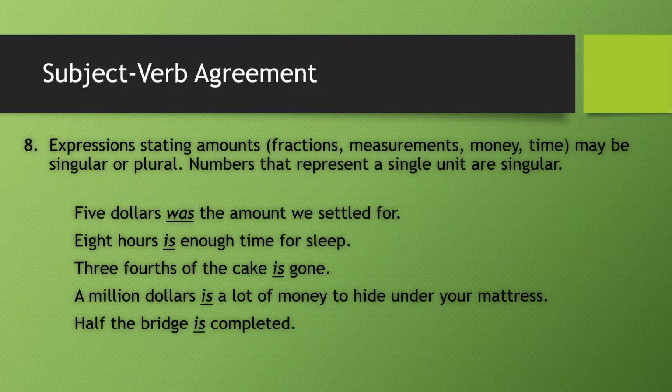And that's the same with all 5 of these sentences. We have a singular verb, even though it's talking about a plural number of things. $5 was, 8 hours is, 3/4 is, $1 million is, half the bridge is. So expressions stating amounts may be singular or plural.